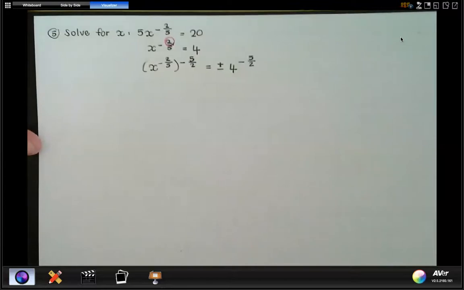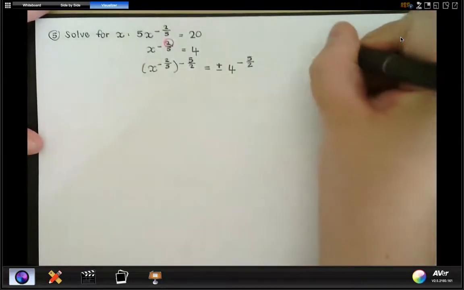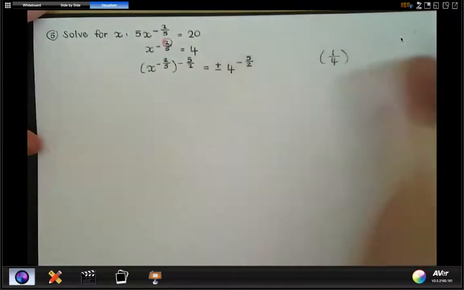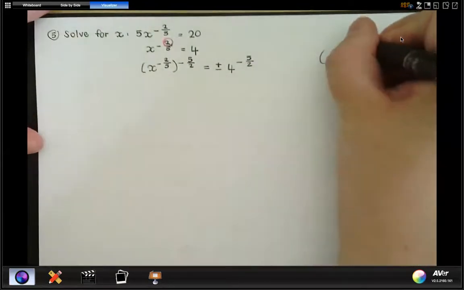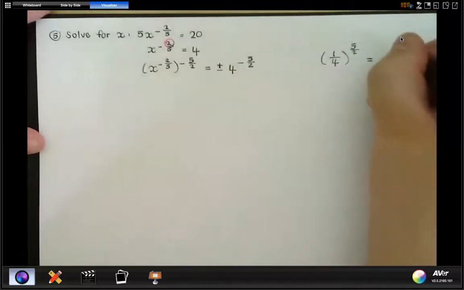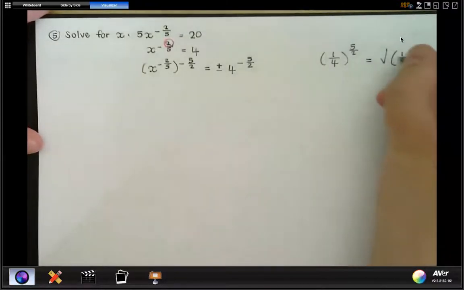I'm doing that plus or minus because if we were to write this in surd form, just to make that exponent positive, I'm going to change 4 to 1 over 4. And then we have positive 5 over 2. And this is then the square root, because my denominator is 2, of a quarter to the power of 5.